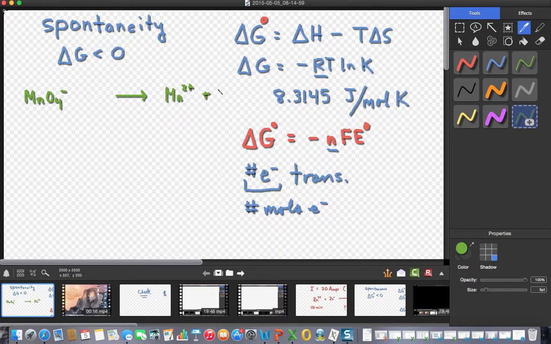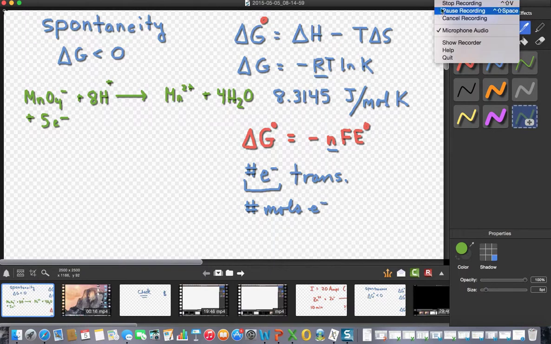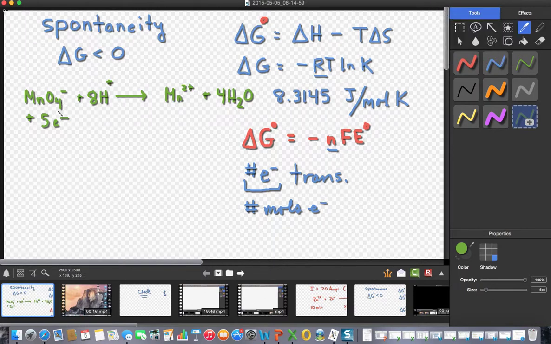So I'm going to add 4 water molecules to the product side, which means I need to add 8 H plus ions to the reactant side. And then to balance the charge, I need to add 5 electrons to the reactant side. So notice that I have a +2 charge in reactants, a +2 charge in products. Number and types of atoms are all balanced. Now this is the reduction half reaction.